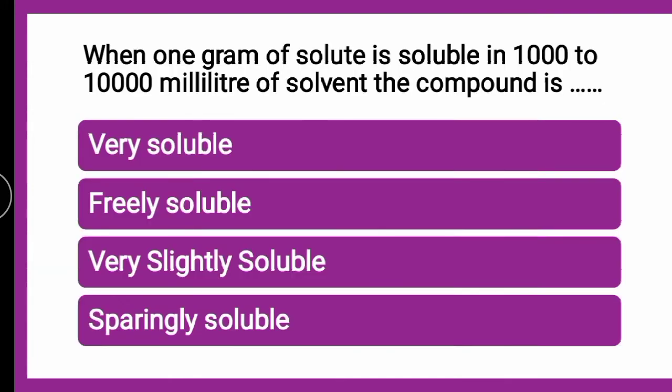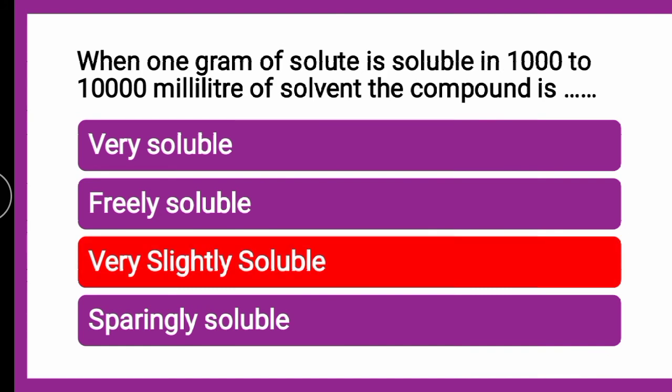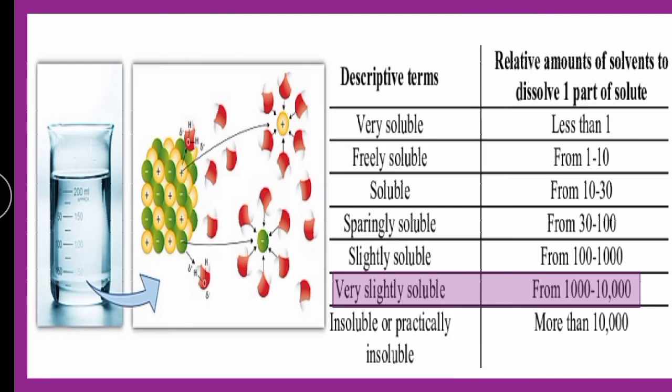Next question is, when 1 gram of solute is soluble in 1000 to 10,000 ml of the solvent, the compound is dash. Whether it is very soluble, freely soluble, very slightly soluble, or sparingly soluble, the correct answer is it is very slightly soluble. Slightly is followed by very slightly. Okay, so it is 1000 to 10,000, very slightly soluble.